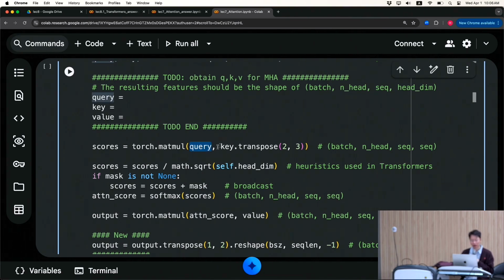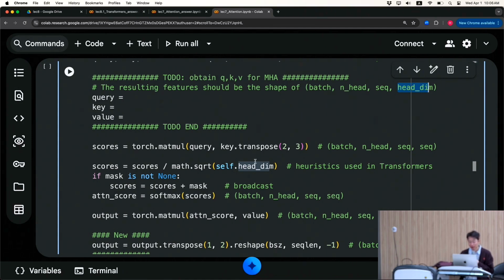So given a query of size batch size, number of heads, sequence by head dimension, you're going to multiply with a key which has the same dimensions but you're going to transpose it, swapping the order with transpose of 2 and 3, so that the output is of size batch size, number of heads, sequence by sequence. Does this make sense?